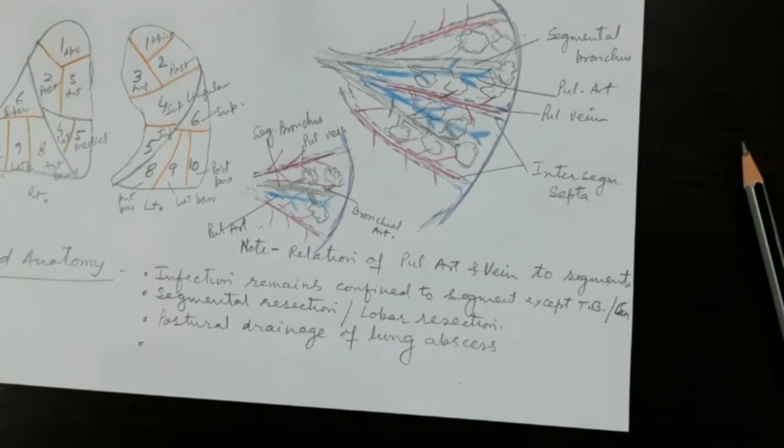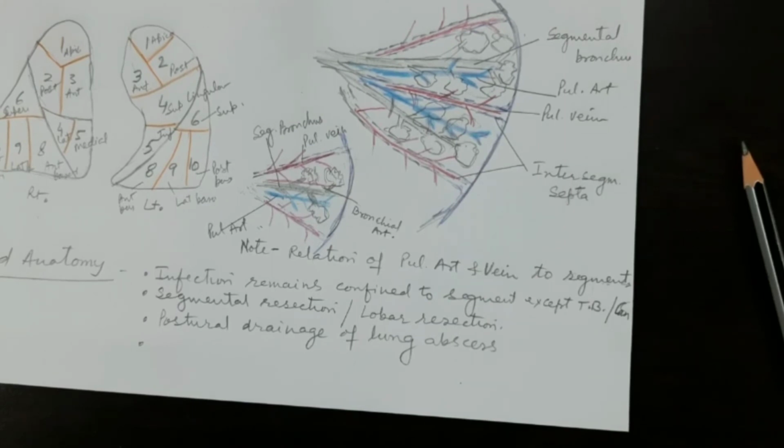Now, this knowledge of the bronchopulmonary segment is utilized by surgeons whenever they want to remove something, such as the beginning of a tumor or cancer, or some swelling or infection.